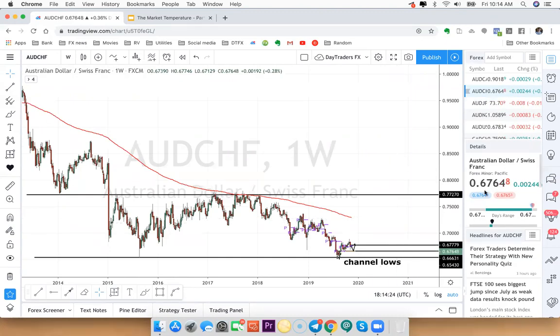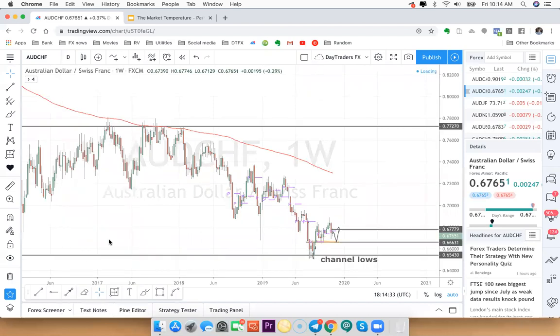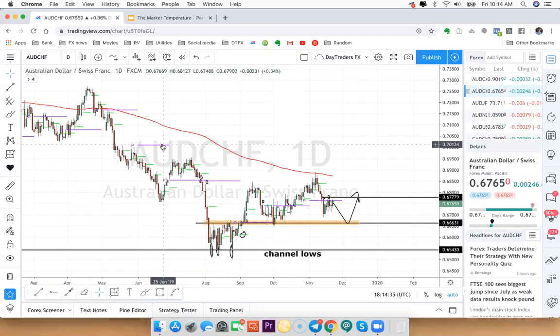So 67.00, 66.50 is a great spot to buy this Aussie Swiss. And we've got some really good targets to go trade after up here. Nice missed pivots, 70.00. If you just grab the 300, 350 pips, that's okay too. 71.00 and thereabouts, 72.00. These are great spots.